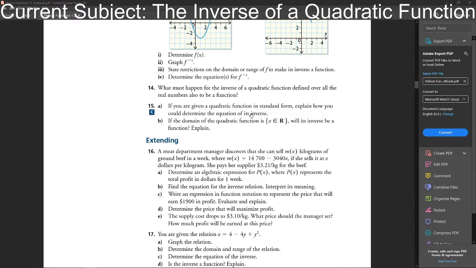Well, what if we want to keep it in standard form? Is there a way to do it? I guess technically you just first swap the values and then solve for the other side. Yeah, you can do it in standard form just fine, probably.